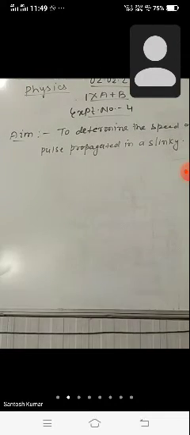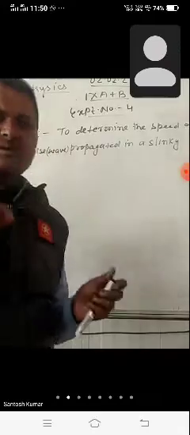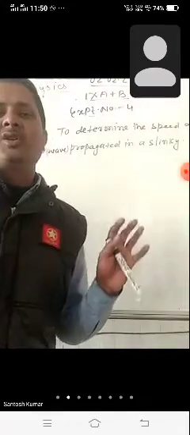We have to determine the speed of the pulse. Pulse means what? A pulse means a small disturbance. You can also write here, in bracket, wave. Pulse means a small disturbance for a very short time. So we have written here. Is it visible now?